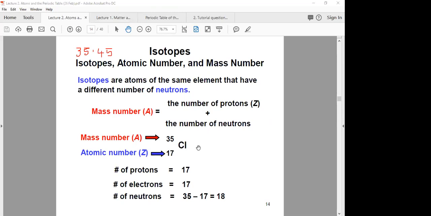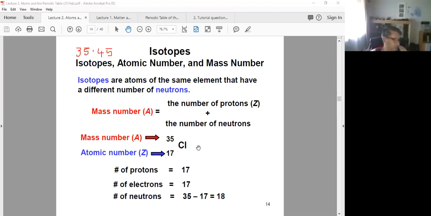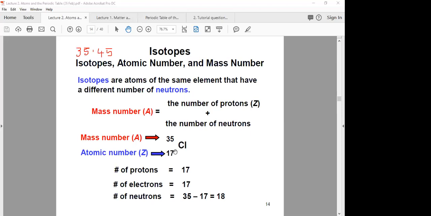This can be a little bit confusing because those numbers are in reverse relative to how they're found on the periodic table. Did everyone notice that? Yep, so chlorine on the periodic table has the number 17 above it and the number 35 below it. So you've just got to remember that in this representation of chlorine, they're in reverse.